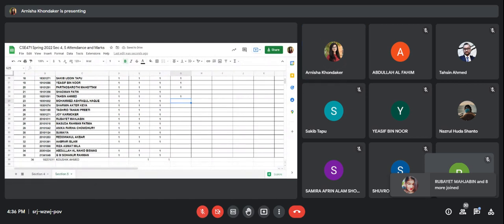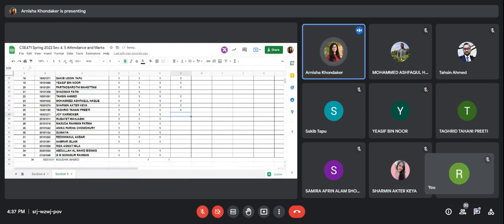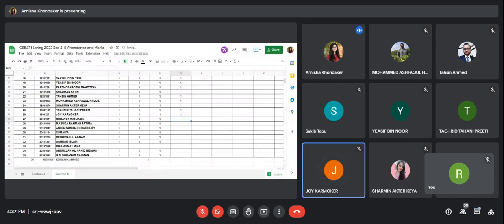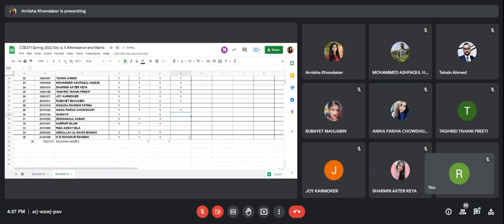Ashfaq Present miss. Present miss. Tagreed Present miss. Joy Present ma'am. Rubayat Present miss. Anika Present miss. Maya Present ma'am. Ridwan Present ma'am. Sohan Present ma'am.